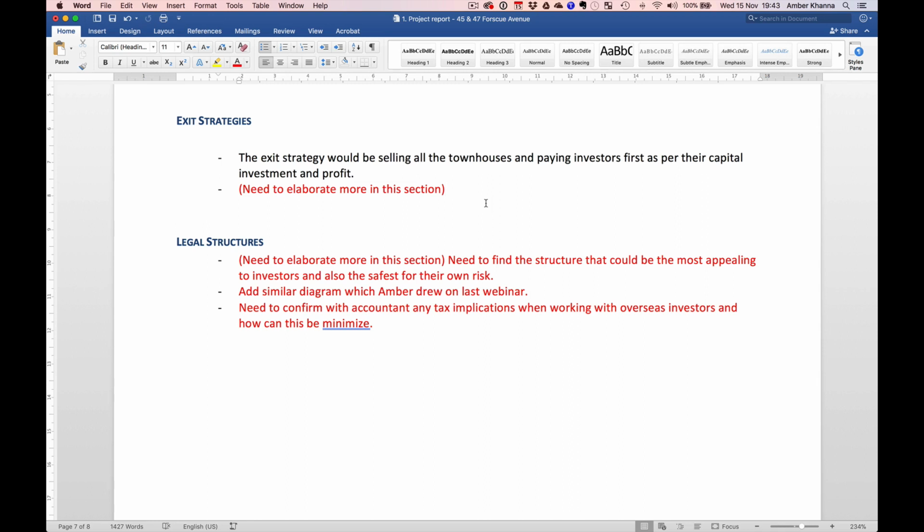So your BAS will come up where the ATO will say, look, you need to pay us because you just sold $700,000 worth of property, and the GST on this is X, and this is what we need. So again, you need to check with your accountant what's the best way to schedule this. We schedule our BAS every month, because it's a lot of cash flow that goes out if we wait for 3 months, because money is going out of the account every day and we need to have more cash in there.